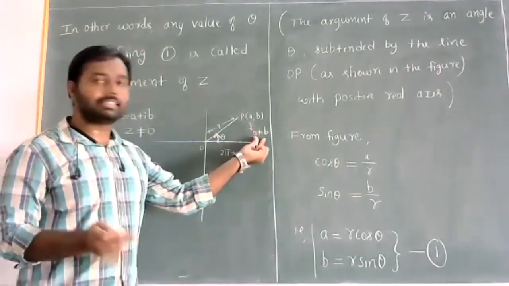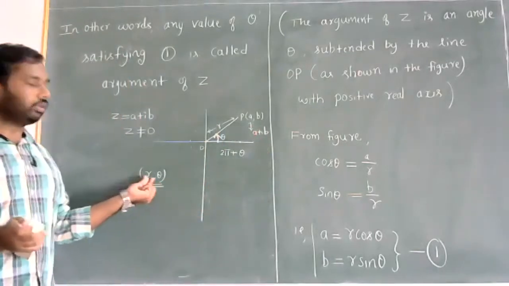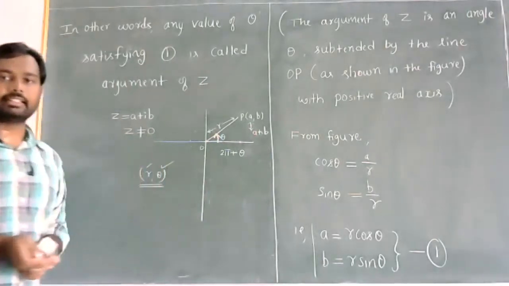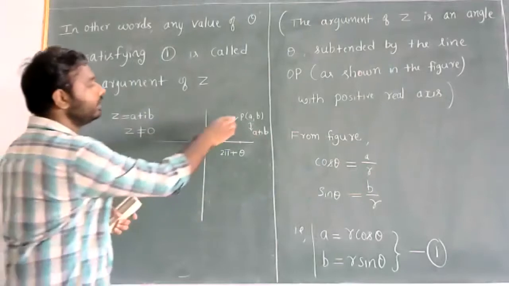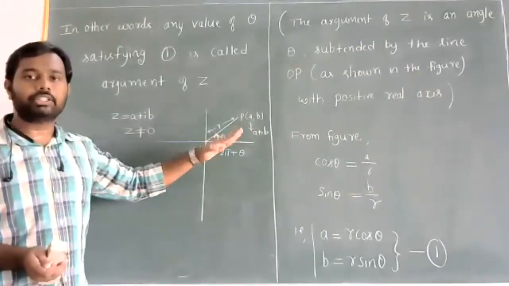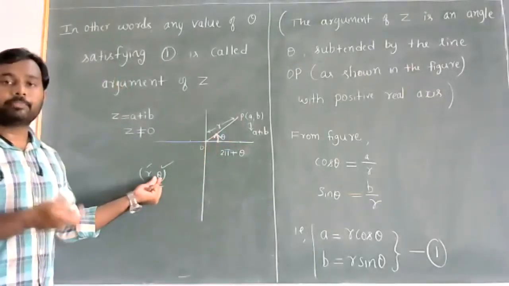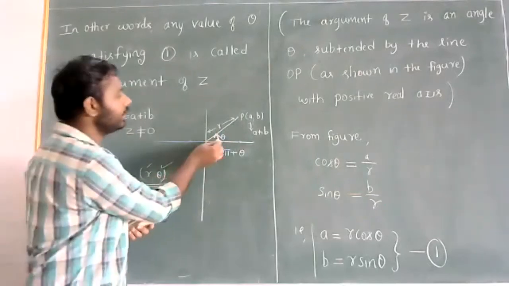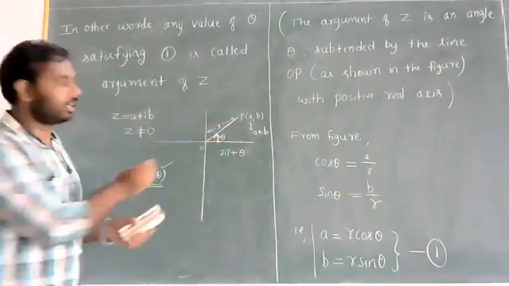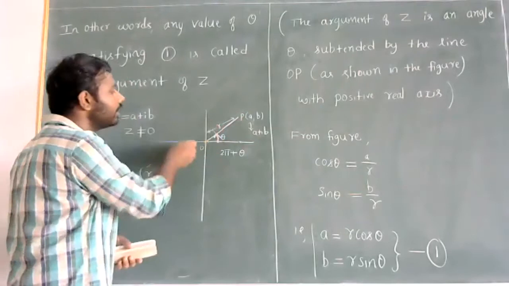So to identify a plus ib, what do I need? Two variables, two real numbers. One is r and one is theta. So r is length of this line and theta is the measure of rotation given to this OP. So if I give theta rotation, where will I be? I will be on this line, right? So from this point, go around a circle.